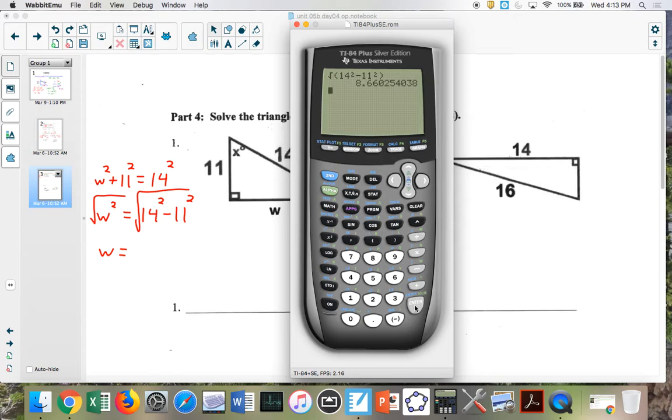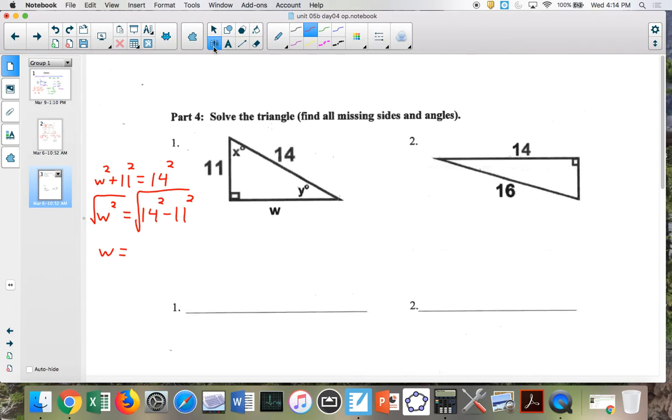Is approximately 8.6602 or 03. They don't have specifics here, so for sides, let's go 2 decimals on this. So 8.66. So there's our first answer.